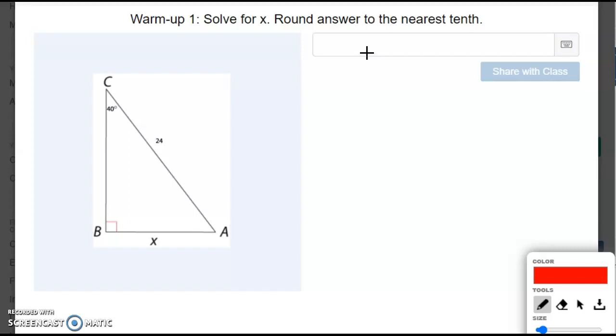I have my right angle here. That means opposite to this is the hypotenuse. And then relative to the reference angle, this is the opposite side. So which is the trig ratio that deals with opposite and hypotenuse? That's sine theta.